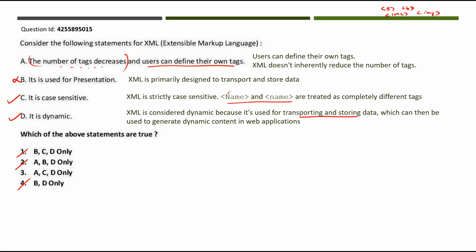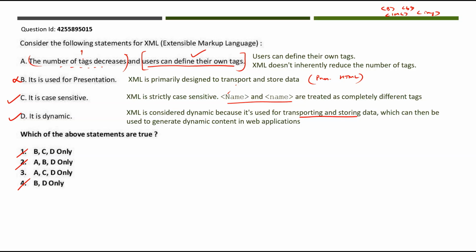XML is primarily designed to transport and store data, and for presentation we are using HTML. They are including A in the official answer key because of this particular statement. This is perfectly fine, but it depends on the project or the application. Since they say it is for transporting and storing data, when we reduce the number of tags, the information being transported or stored will be less.